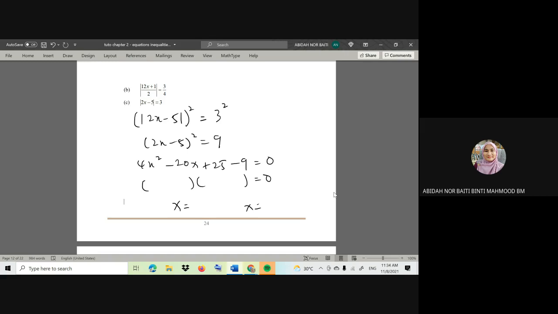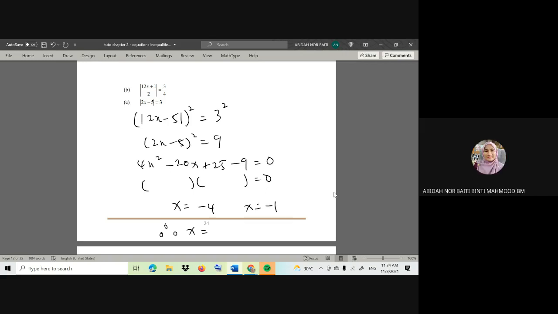So what is your final answer? Tak check dah? What's your x? x equal to 4, x equal to 1. Berapa? Negative 4. x negative 4, x negative 1. Okay, dah check dah?